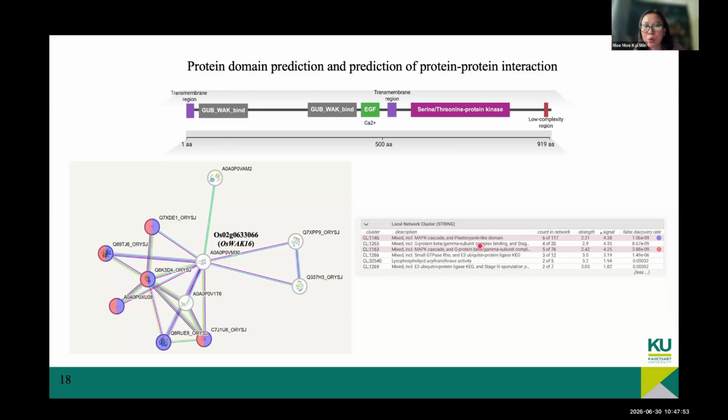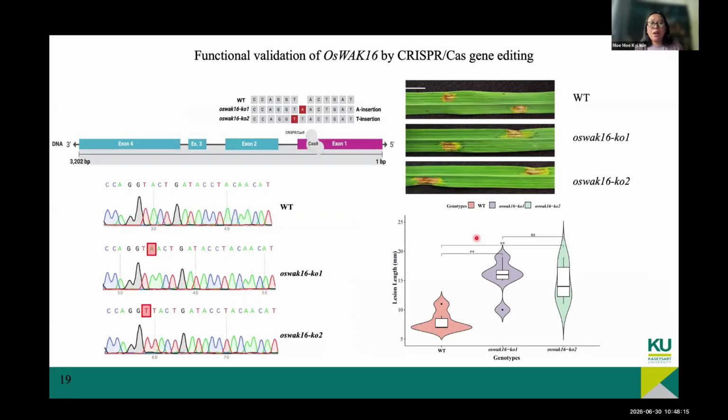They mostly belong to the MAPK cascade or MAPK signaling pathway. Although we need further investigation, we got the idea that, like other typical wall-associated kinases, it has a possible interaction with the MAPK cascade or signaling pathway.